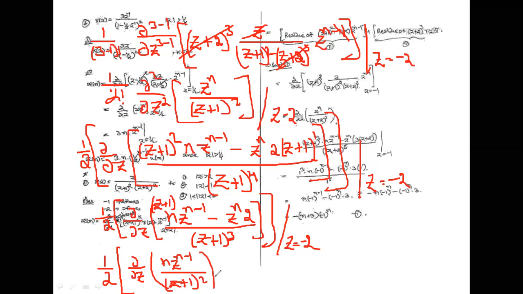The second part: minus 2 into z power n whole divided by z plus 1 whole cube.